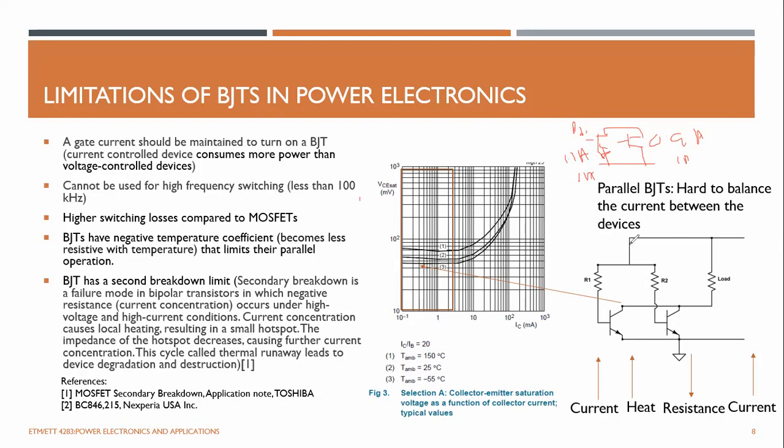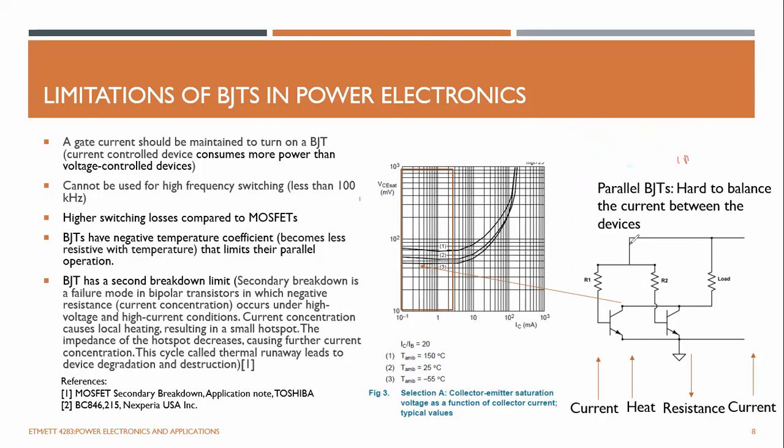With MOSFETs, due to their positive temperature coefficient, if one MOSFET drives a large current, it heats up faster and its resistance increases, which means it reduces the current back to a normal level and they share the current at the same level.